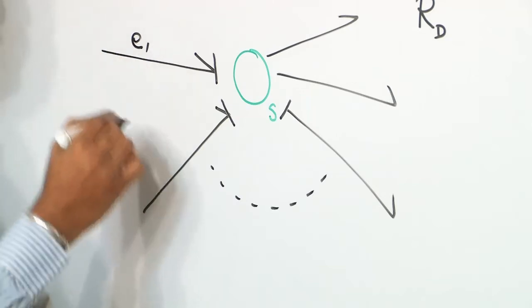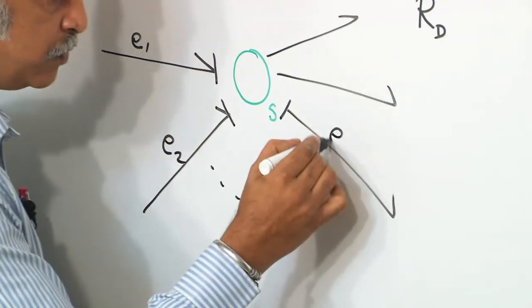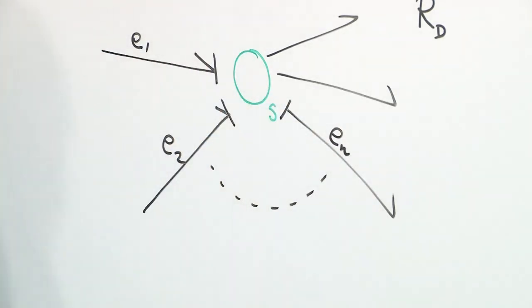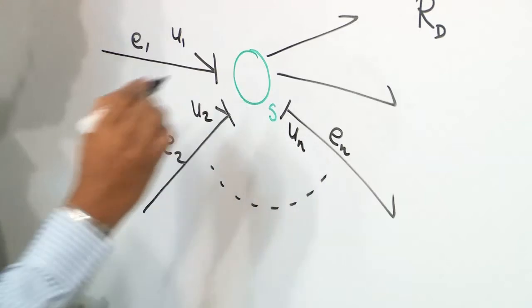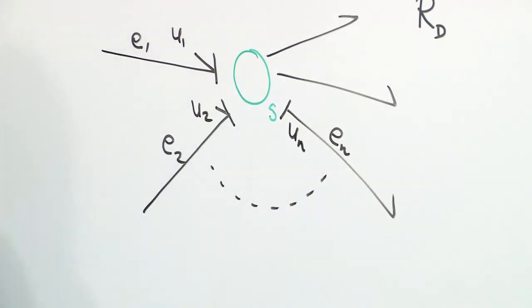So, I could have E1, E2, En deciding the efforts at the junction at U1, U2, Un mutually exclusive intervals of time.